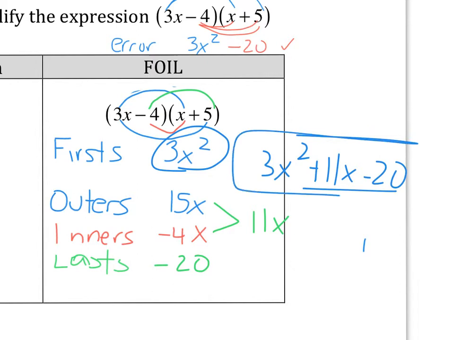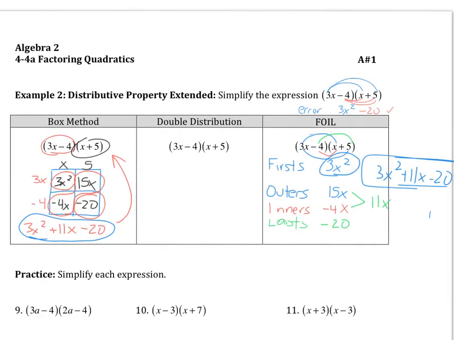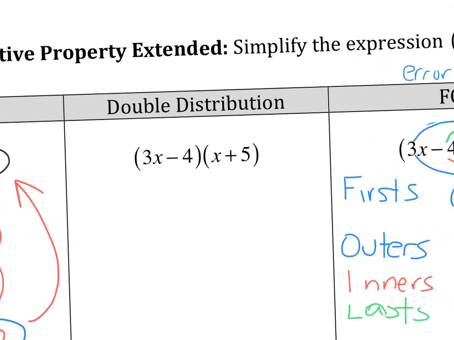But instead of thinking of it in terms of a box, I thought of it in terms of letters. FOIL: firsts, outers, inners, lasts. So we'll just look at it a different way. I generally will stick with this, double distribution, where you just send this. The 3x goes there, and the 3x goes there. So that's 3x squared, and that's plus 15x.